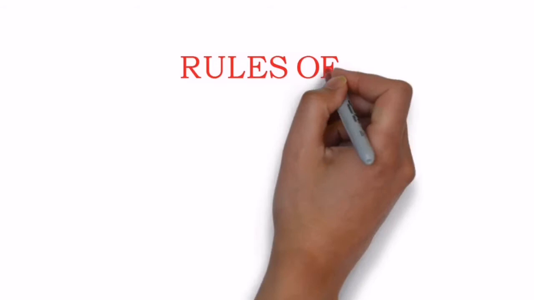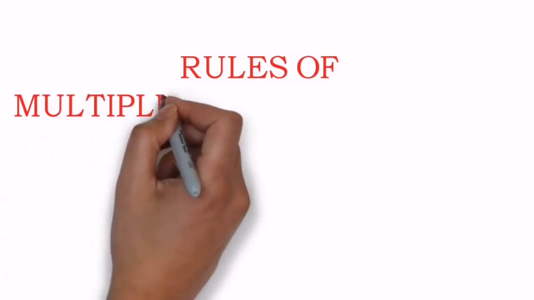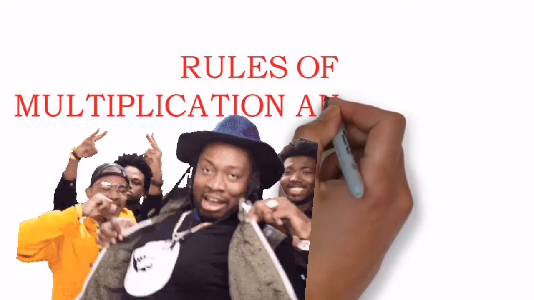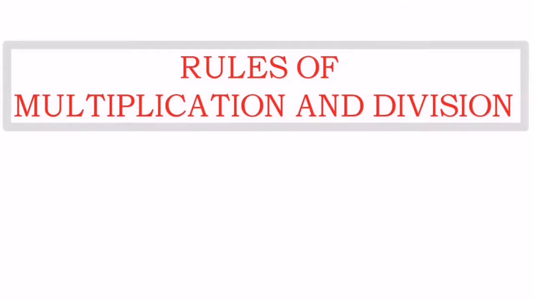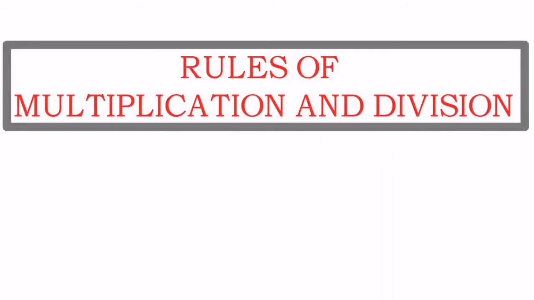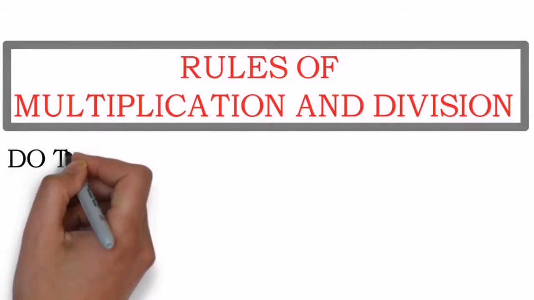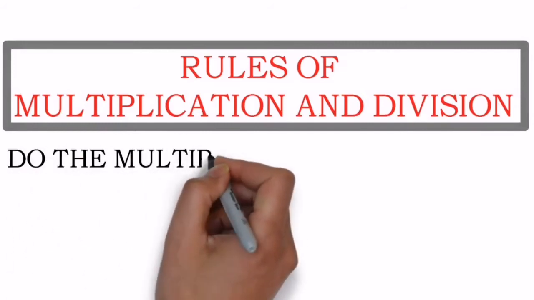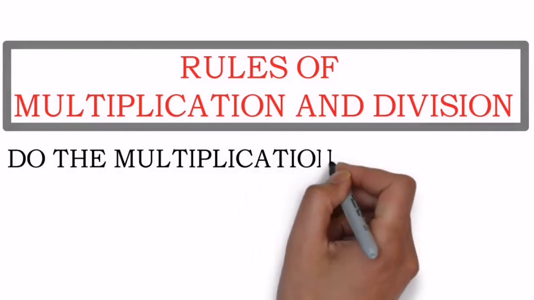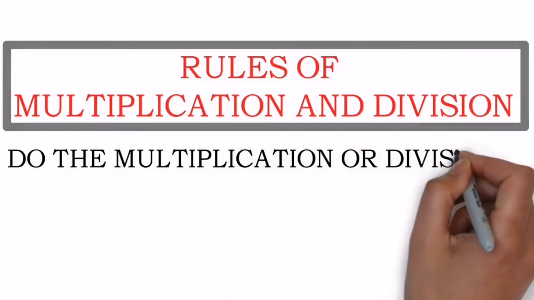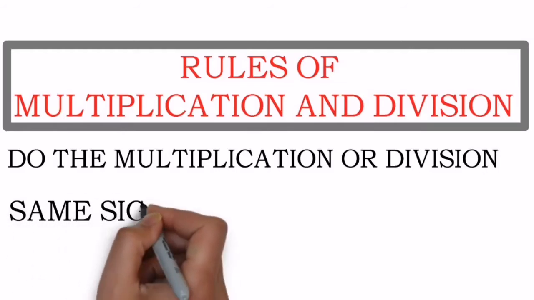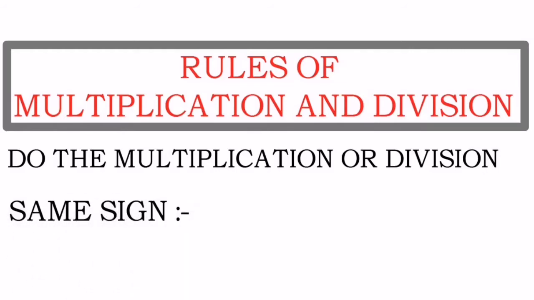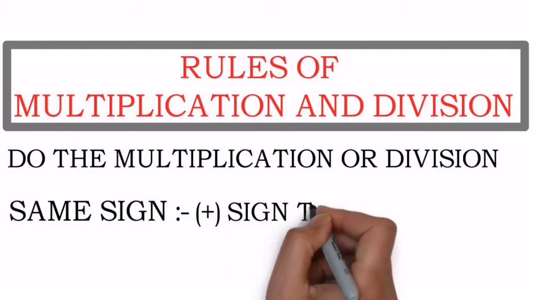So here are the rules for you guys, that are made by you. So what do the rules say? The very first step is to do the multiplication or the division which is given as per the question. Then we have to observe the sign of the numbers which are there in the question. If they have the same sign, then we have to give which sign to the answer? Yes, of course, a positive sign.